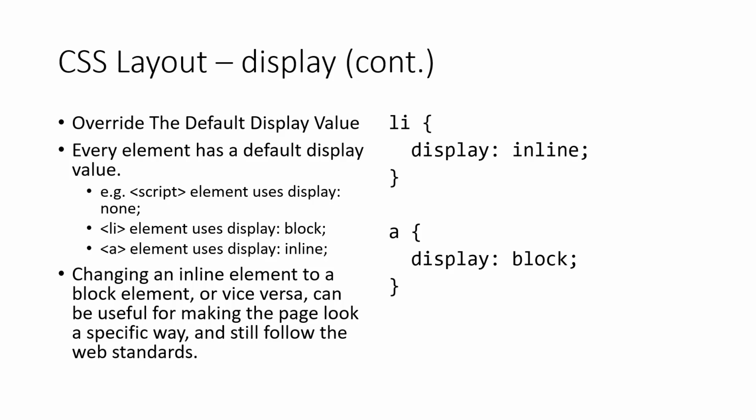Yes, usually in block element, you will have a space, right? And then when you say inline elements, so there's no space in between. So the list item, we will say display inline. And if you take anchor, usually there's no space. But when you say display as a block, then it will create a block.